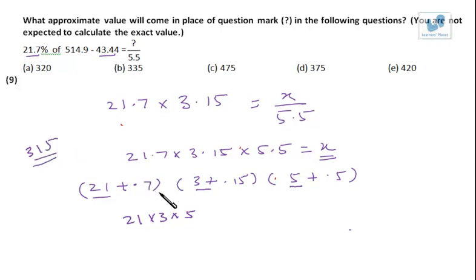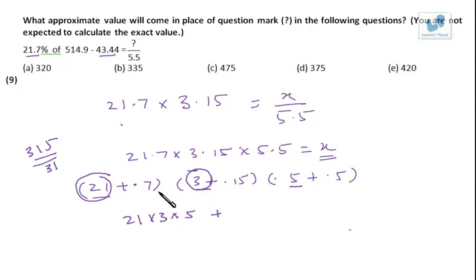Now let's calculate the other important terms which will have an impact on the answer. That is the multiplication of this, this, and this, right? So 21 into 3 into 0.5. 21 into 3 is 63, and 0.5 is actually half, so it's around 31.